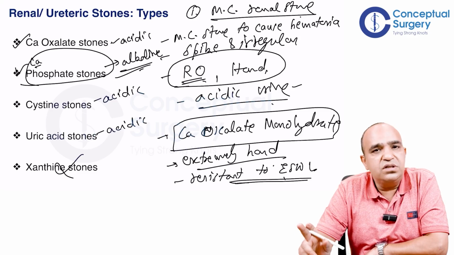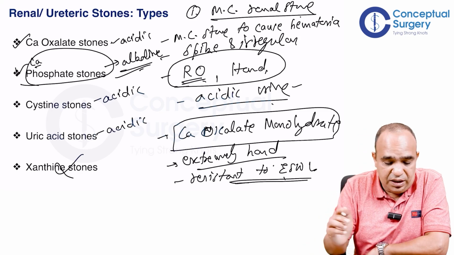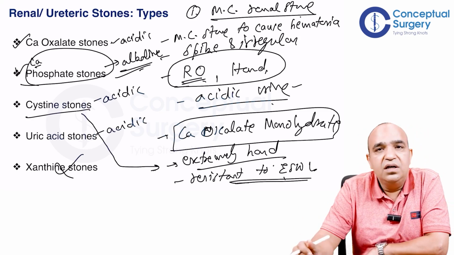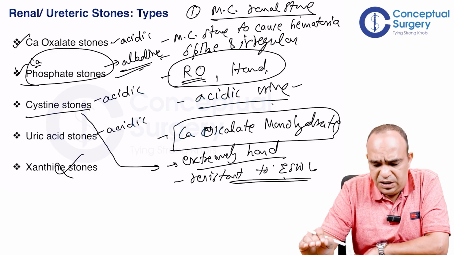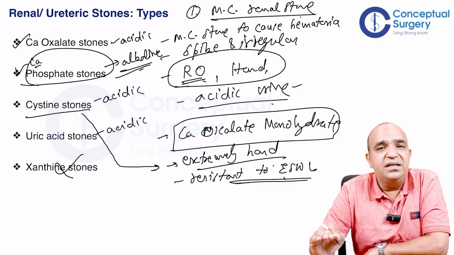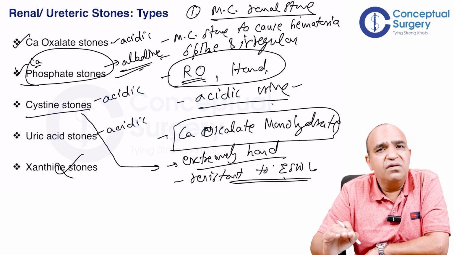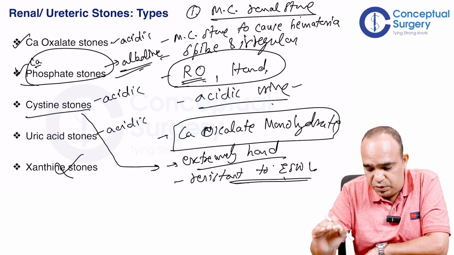There are 2 stones which are extremely hard and resistant to ESWL. The other is the cystine stone, cysteine stone. I do have a question probably on this. Cysteine stone is an extremely hard stone and it does not get broken by ESWL. Rest of the stones will get broken by different ranges of ESWL.